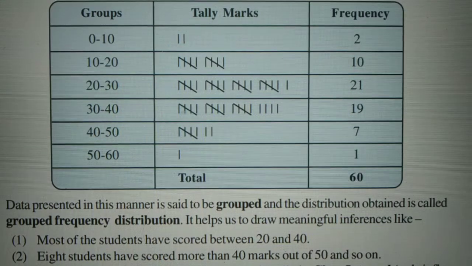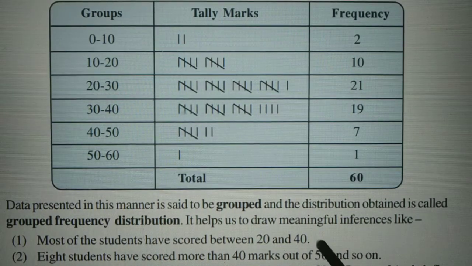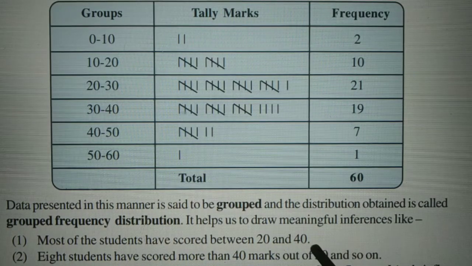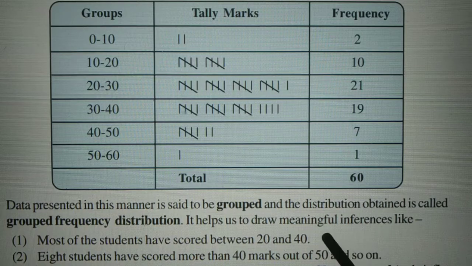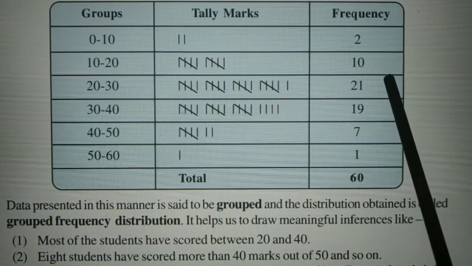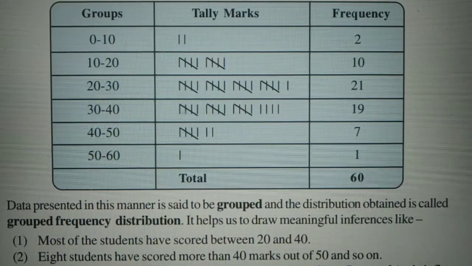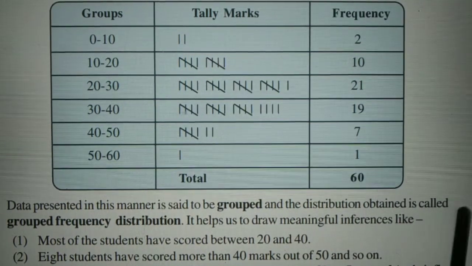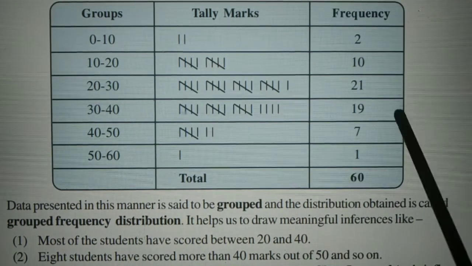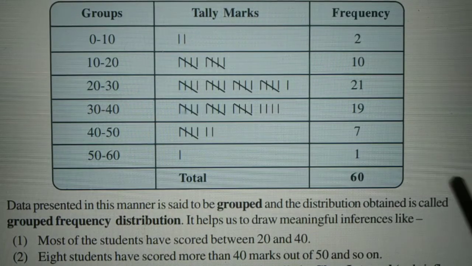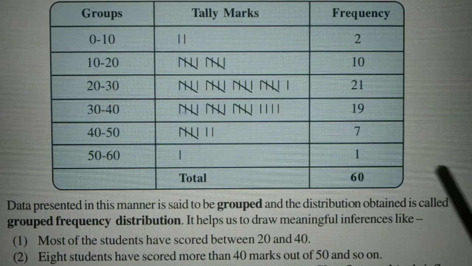Alright, so we can give the answer to such questions. Most of the students score between 20 to 40. How many students get marks between 20 to 30? That is 21. Between 30 to 40, 19. So many observations we can get from this. This is a very useful frequency distribution table and helps to draw the histogram.